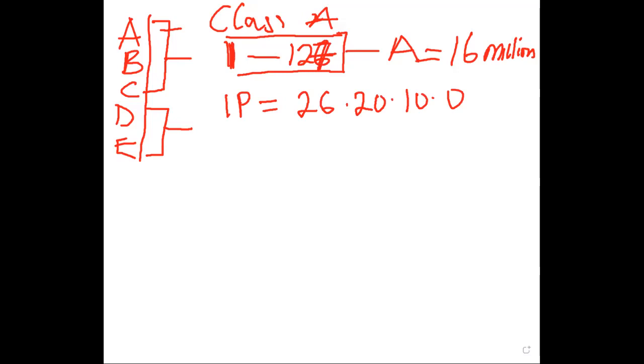How do we know that this is a class A IP address? The first octet, the first number of the IP address, is what determines whether this IP is class A or another class. As we already considered, class A is from 1 to 127. So this IP address is a class A IP address.